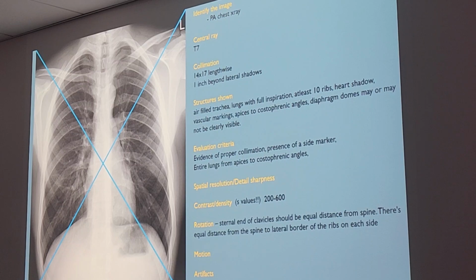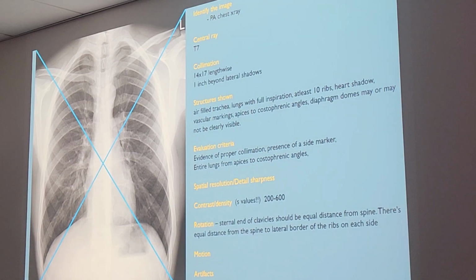Okay, any questions so far? So the image was acceptable. For project purposes, 2 mistakes is acceptable, right? One mistake is optimal.